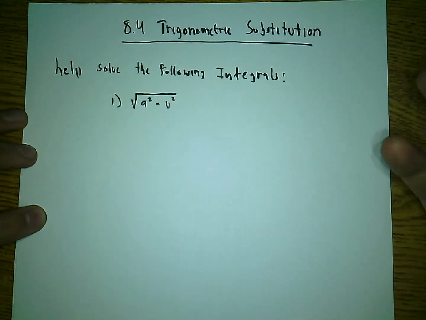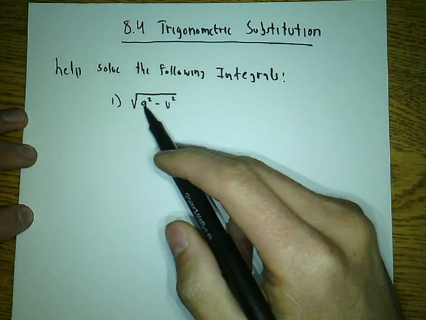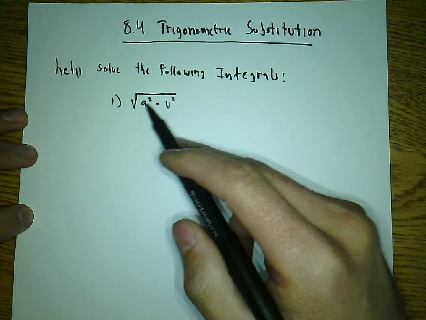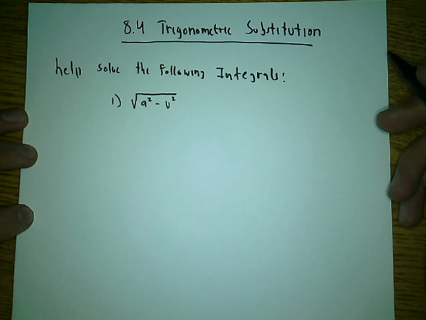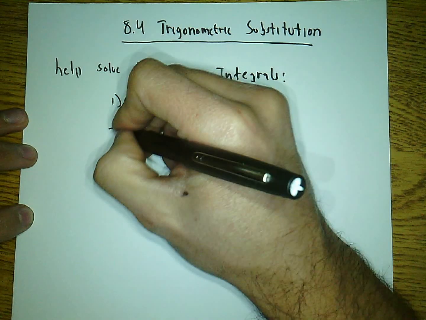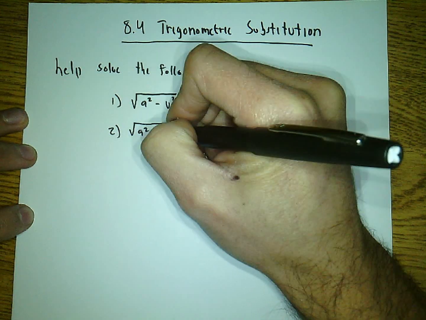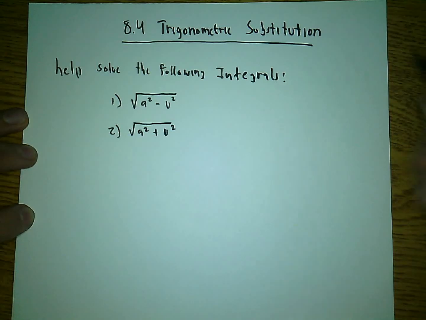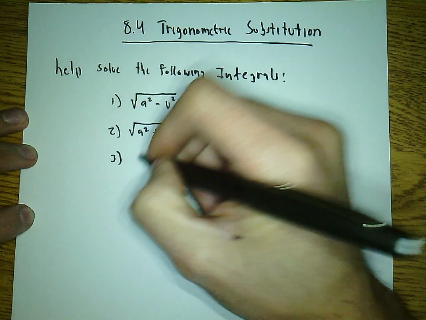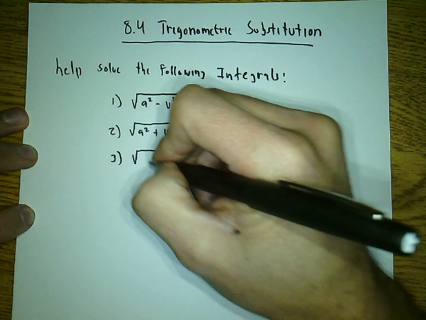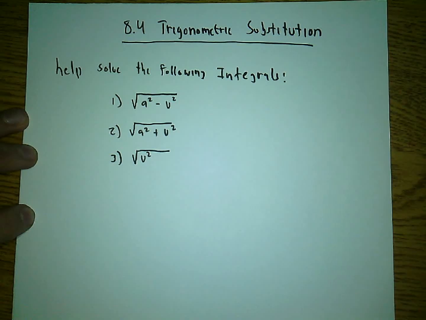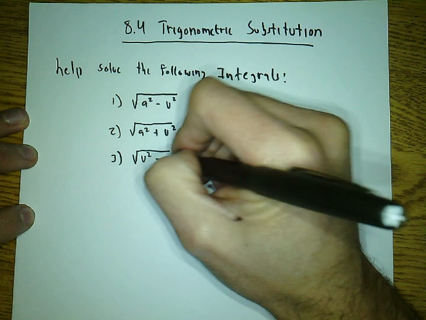So that u, by the way, will have a variable. So a squared would just be a constant square, a number squared, and u has to have a variable with it, okay? We will also be able to solve square roots in which you have the addition of the two. And thirdly, we're going to be able to solve integrals that have the square root of some variable squared minus some constant squared.